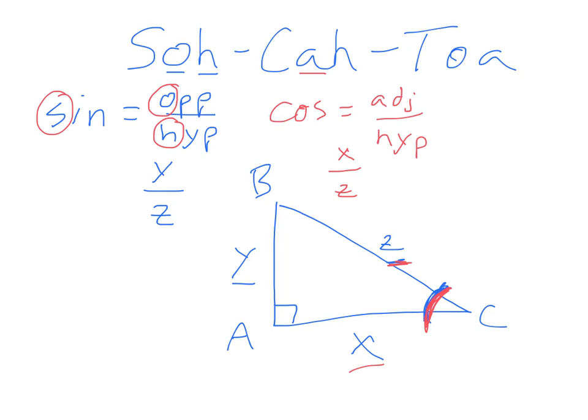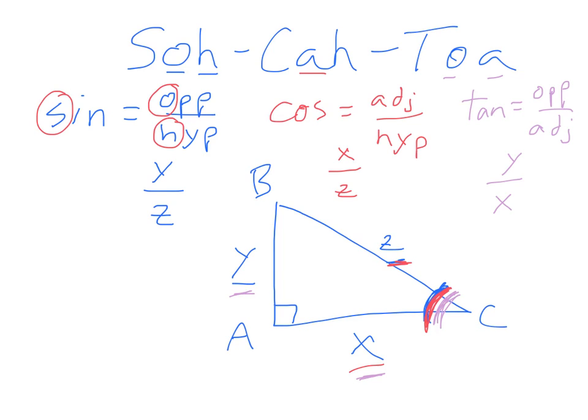And the last thing we would look at would be the tangent ratio. Now the tangent ratio is opposite over adjacent. So if we're talking about the tangent ratio of C, we're looking at opposite Y over adjacent X. That would be the tangent ratio.